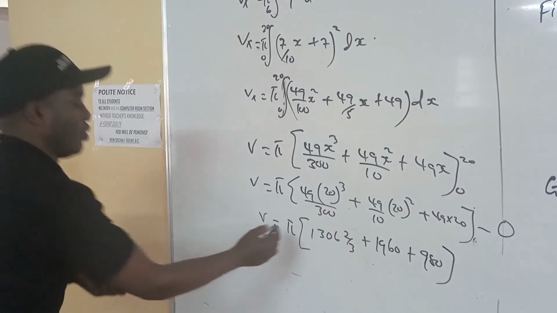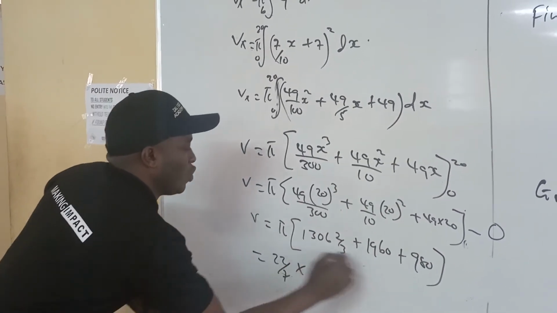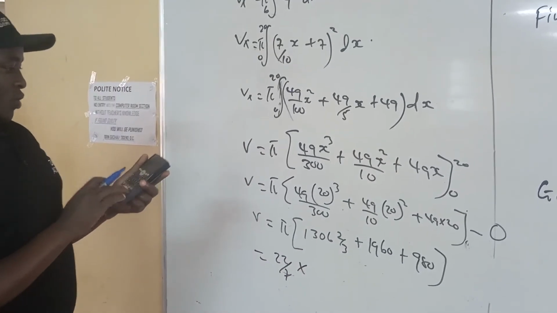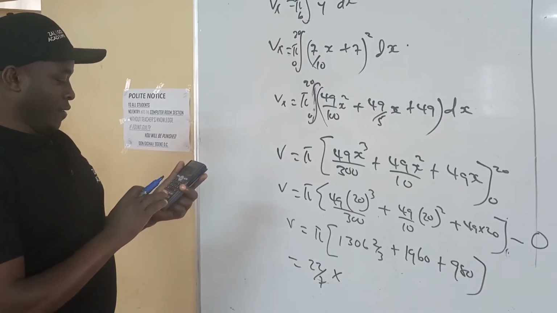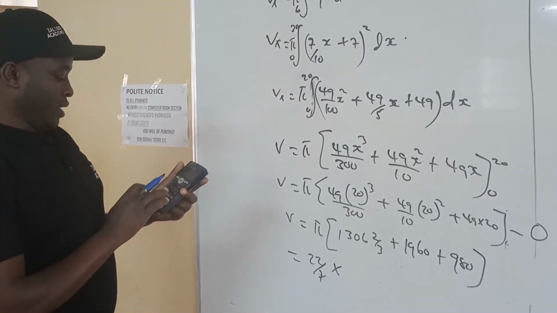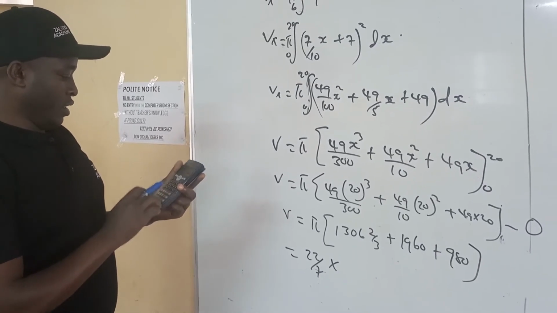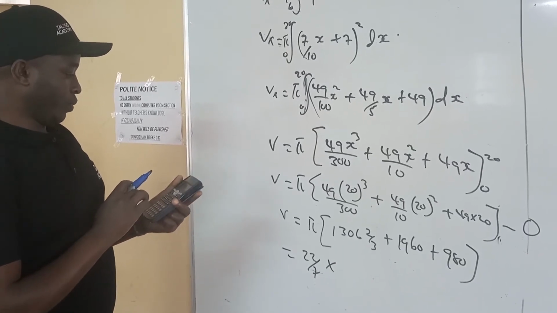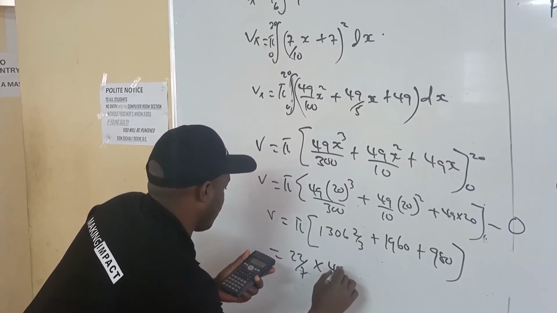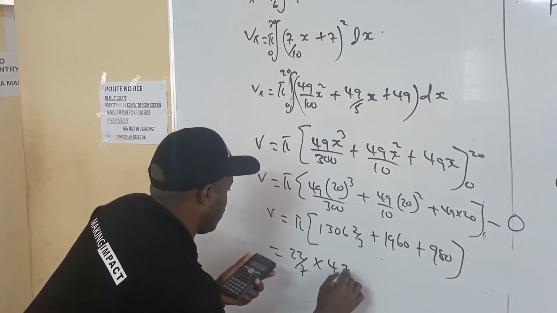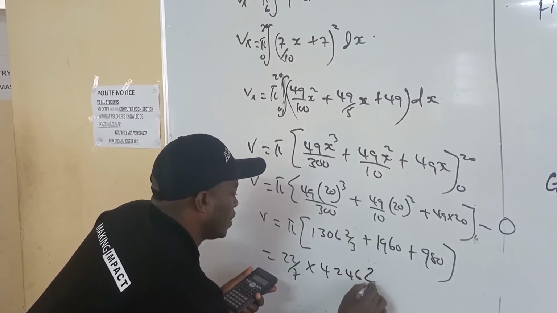You minus 0, so if we take pi to be 22 over 7, you add all this. If you add that, you get 4,246.67, that is on the 2/3.